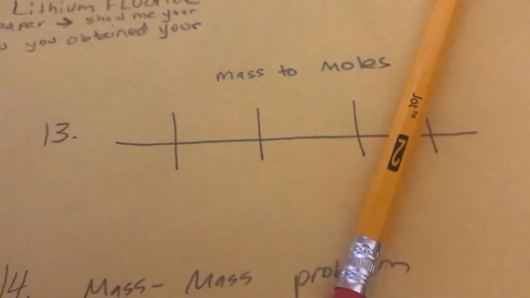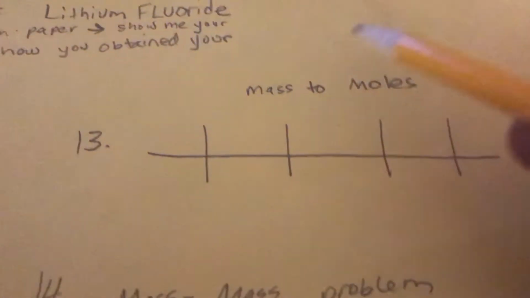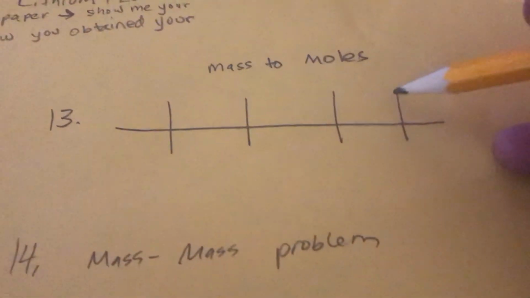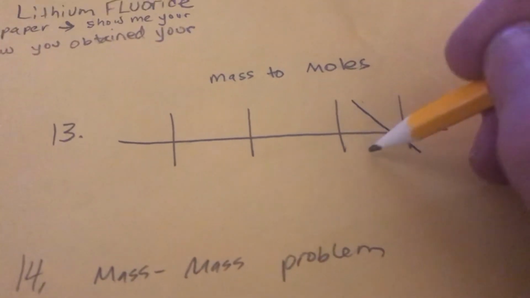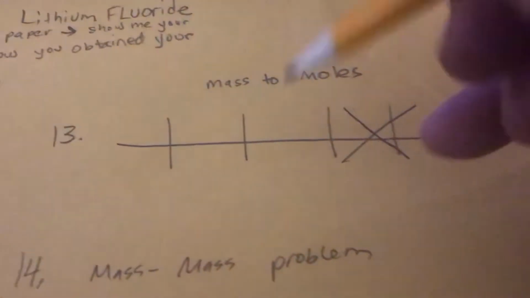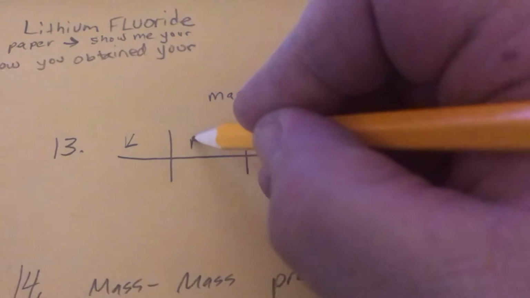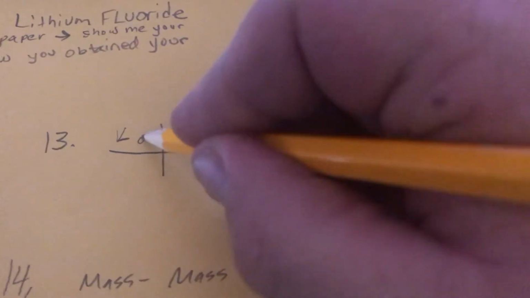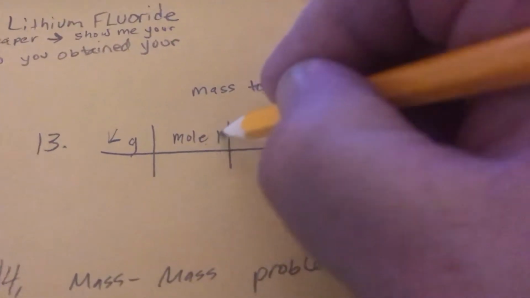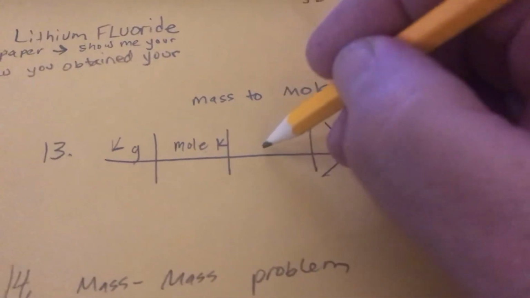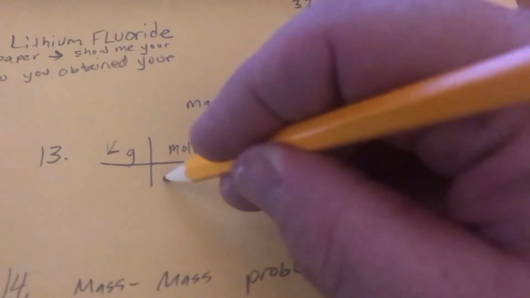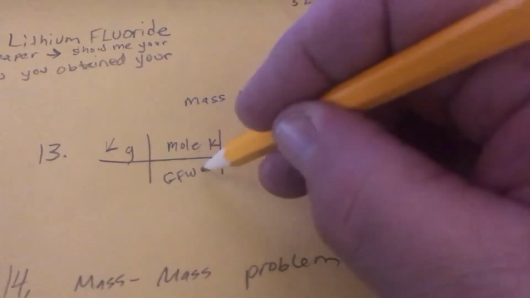Number 13, you have to do a moles to mass to moles problem. Cool thing about that is you actually don't need this other box. You can simply go from what you know, this is the grams of what you know, to the moles of what you know, and you end up getting the GFW down here, which is in grams.